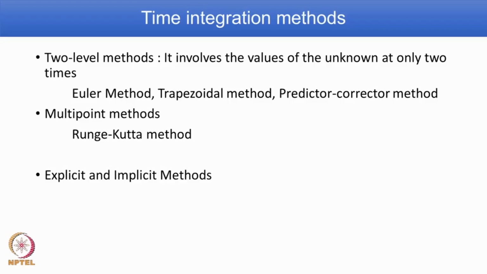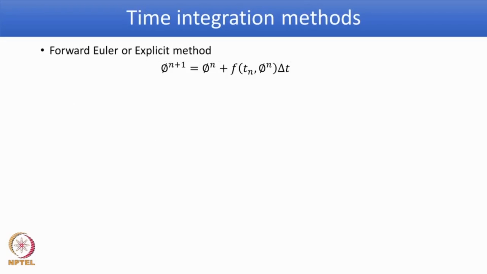You also have a classification known as explicit method as well as implicit method. First, we will see in detail the Euler method. In the Euler method, again you have forward Euler or explicit method, and that is shown here: phi at n plus 1. Here the superscript n plus 1 corresponds to time.